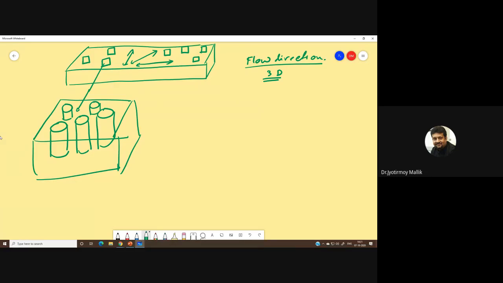And then we will analyze them with respect to AMS, anisotropy of magnetic susceptibility. Each of these samples will provide me the susceptibility ellipsoid. So do the AMS study and find out the susceptibility ellipsoid.